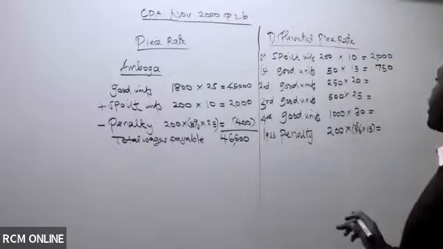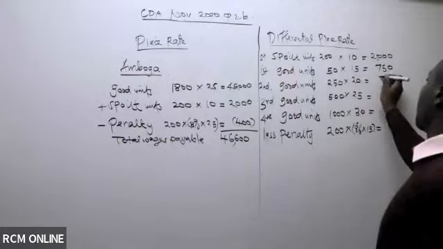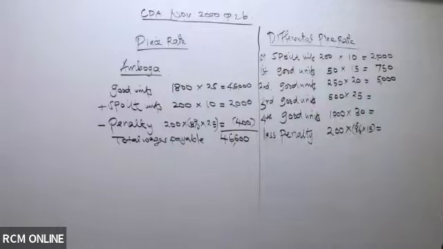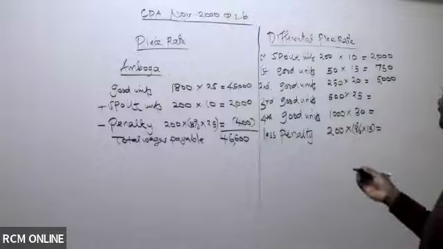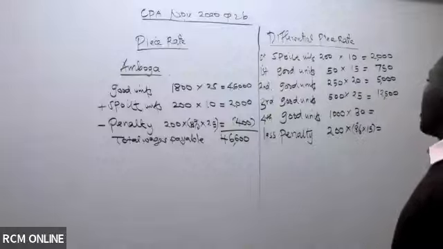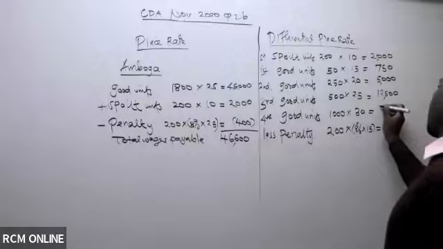We have 250 by 20, 5,000. We have 500 by 25, 12,500. We have 1,000 by 30, 30,000, right?